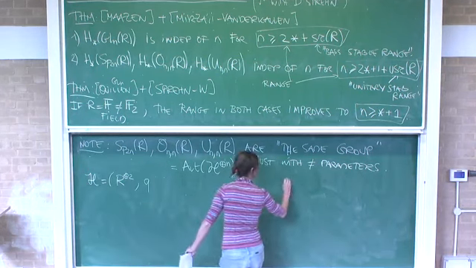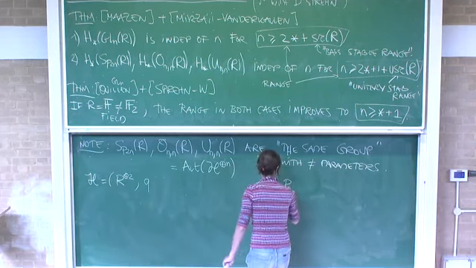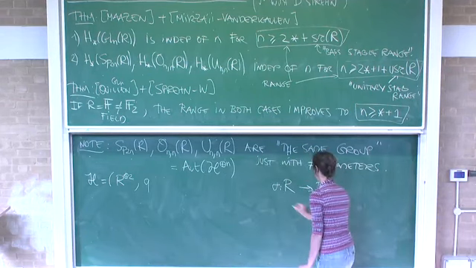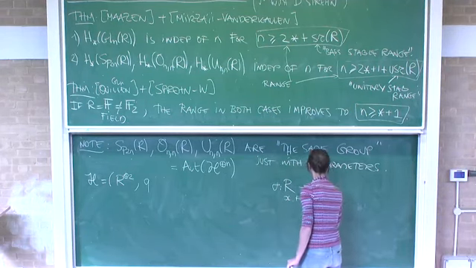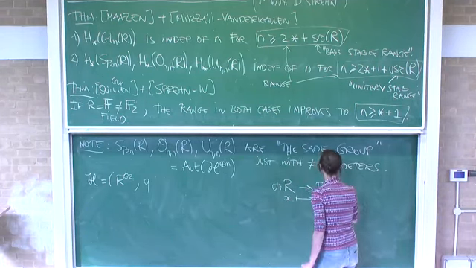So R comes with an involution, X goes to X bar, an involution, which could be the identity. I'll assume I have an involution, and then I define a sesquilinear form on this.